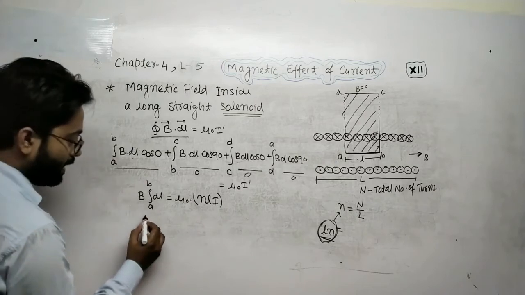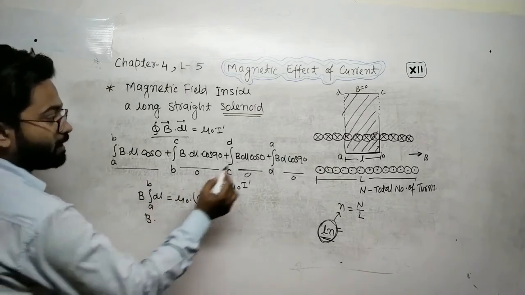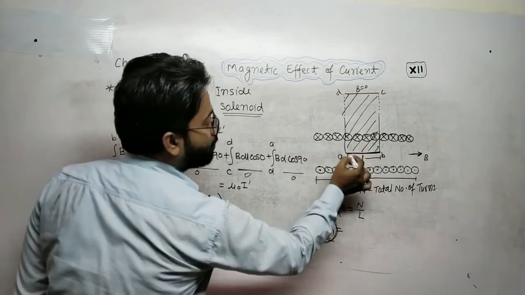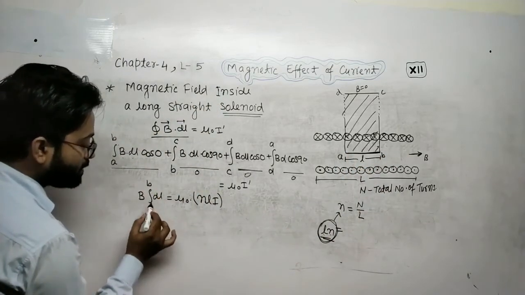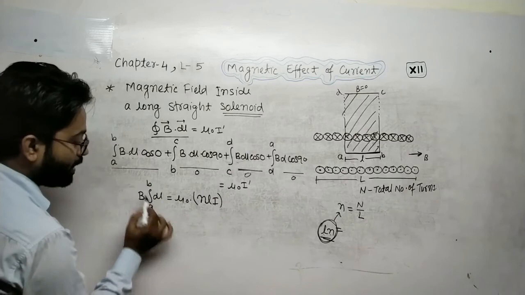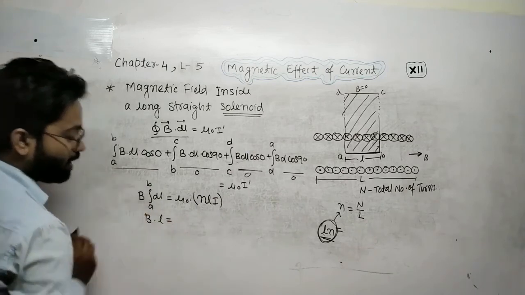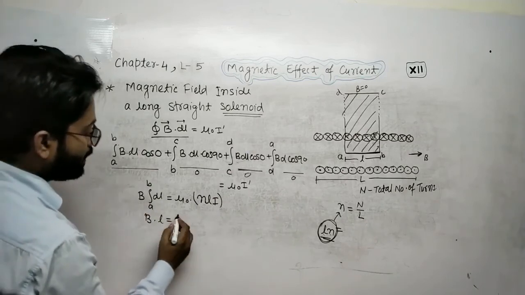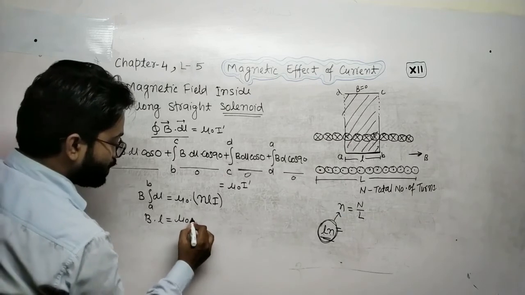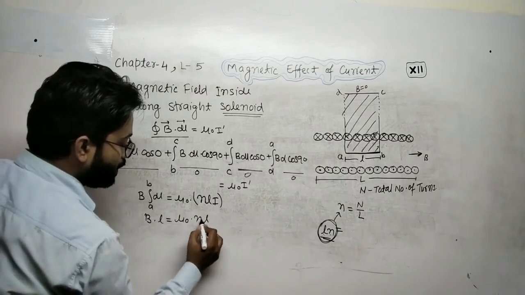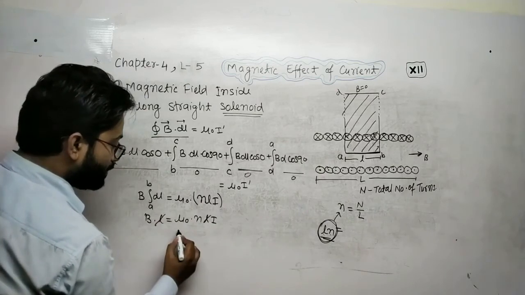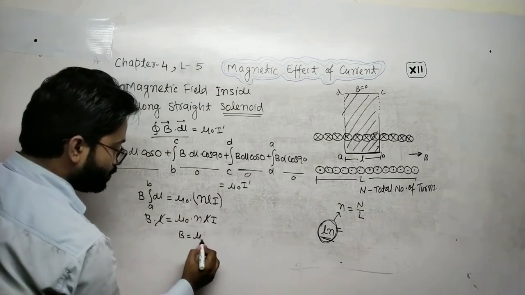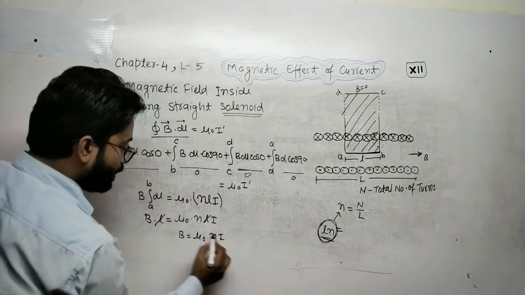And you know that the integral of dl from A to B is equal to small l. You can write l in place of the integration. In place of net current, put nlI, and l and l cancel out. Finally you can write B is equal to mu naught n I.